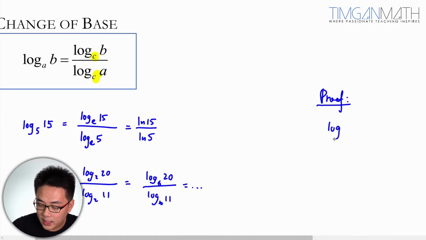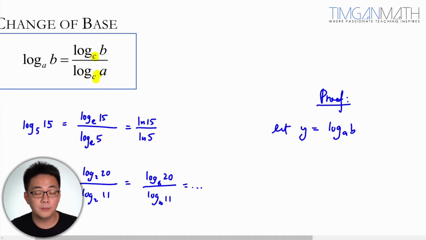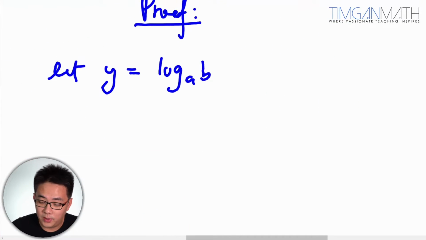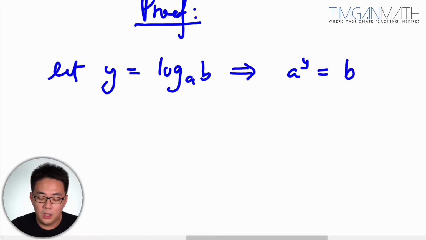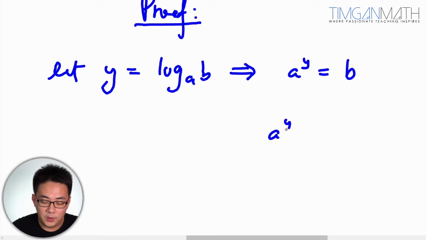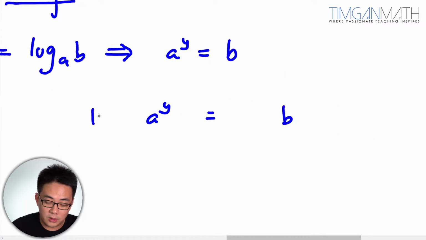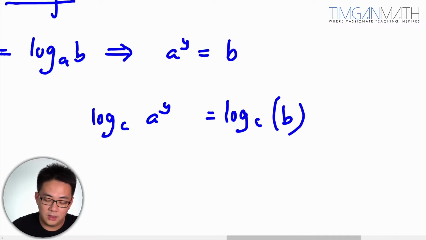We're going to let y equal log base a of b. Then, naturally, once we have this logarithmic function, we change it to the exponential function and try to understand what's going on: a to the power y equals b. Now what we need is log base c, so we take log c of both ends, this end and this end.